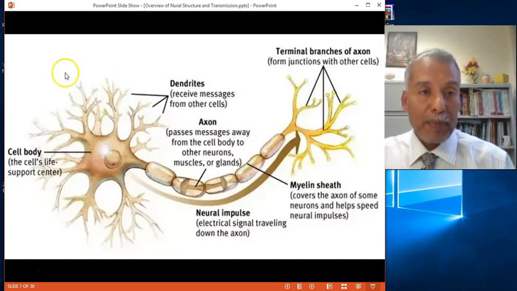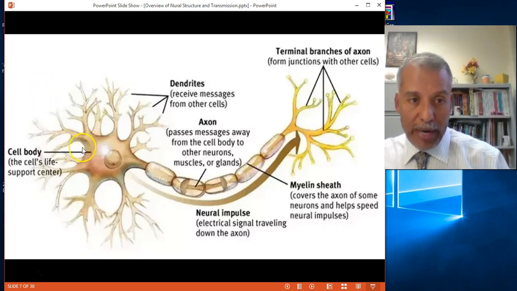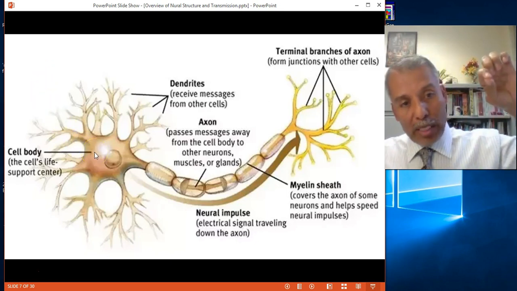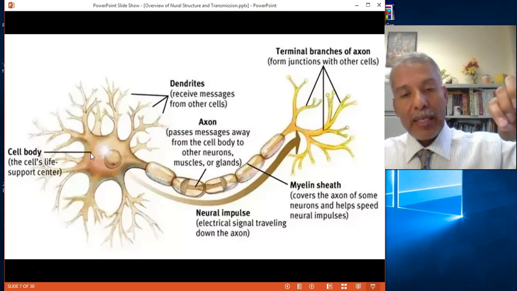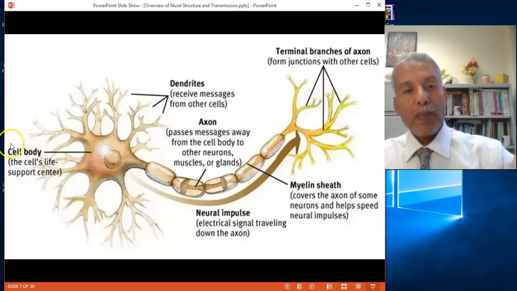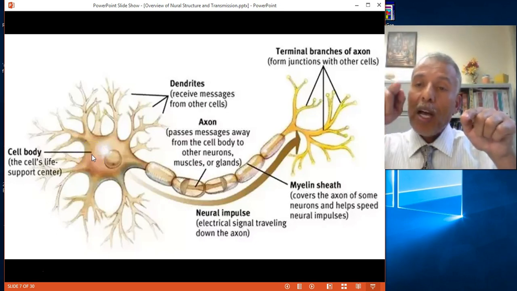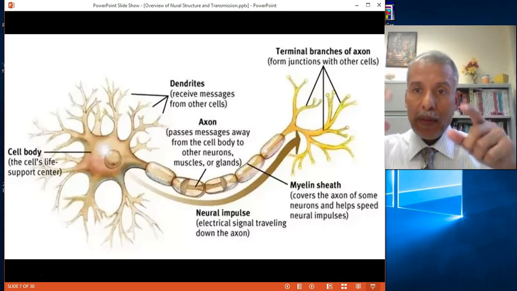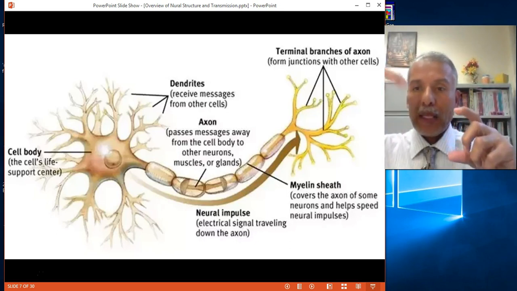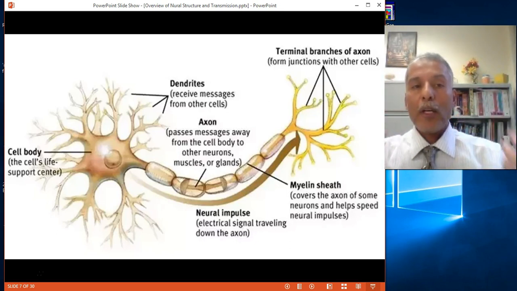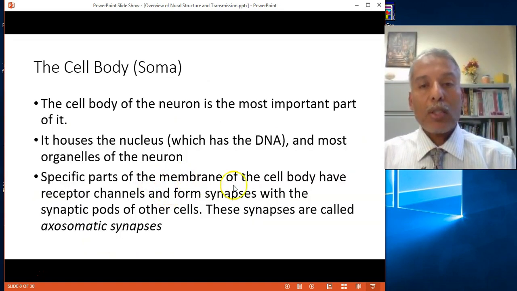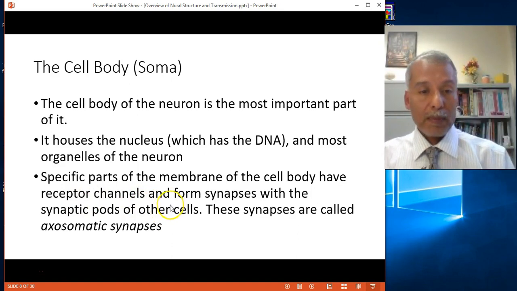A synaptic terminal from one neuron can go directly to a special site on the cell body, and what makes this site special is that it has receptor channels that allow the flow in and out of certain chemicals that we will speak about later. So cell bodies also have little areas with receptor channels, and they can form synapses.